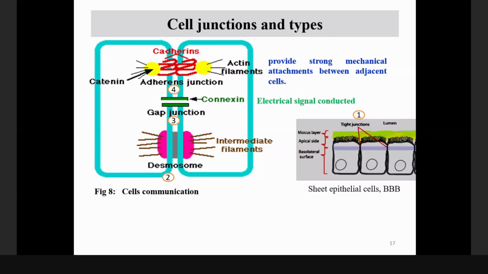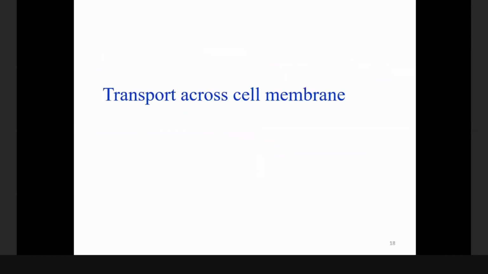At least you should know this. Then there is the process: if you are talking about a given cell, that cell needs oxygen or nutrients like glucose and so on.